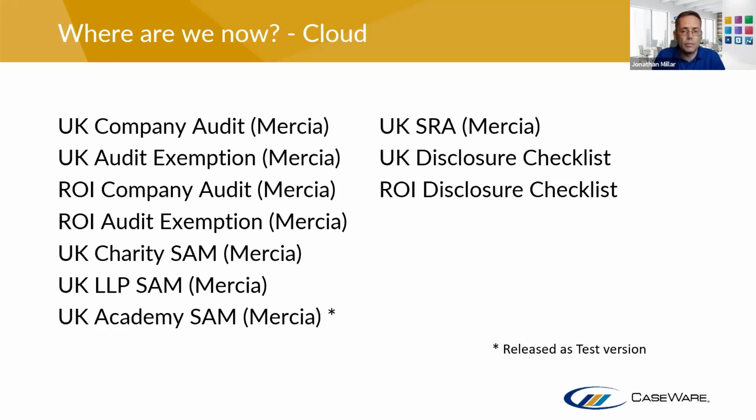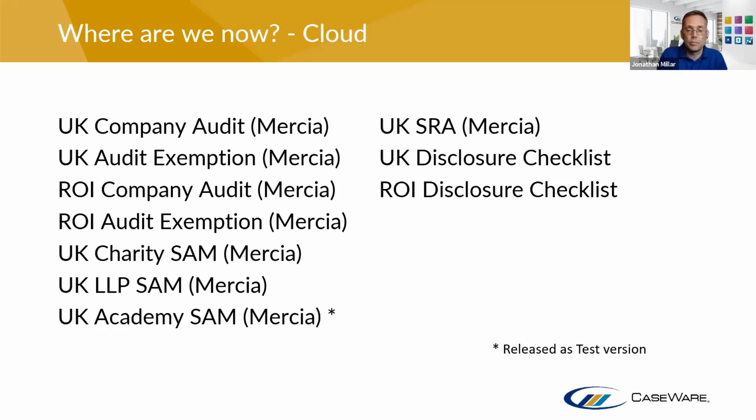Charities came out toward the start of this year, and then LLPs this year. We initially released LLPs as a beta or test version because it didn't have some of the content that was in the desktop, particularly the audit exemption content. That is now included in LLP.